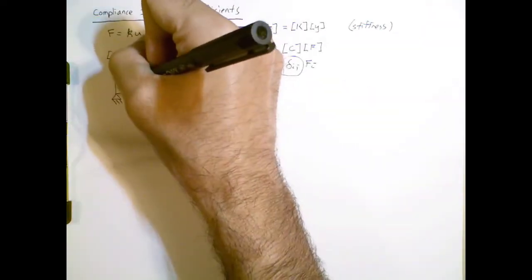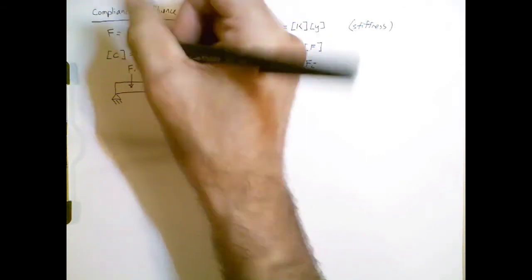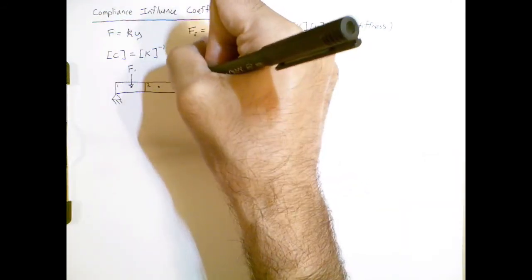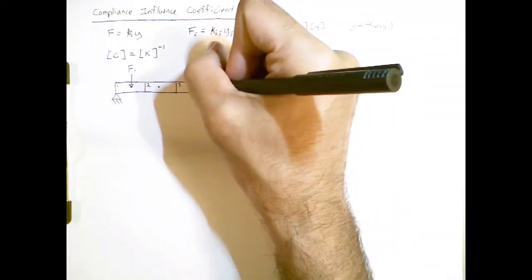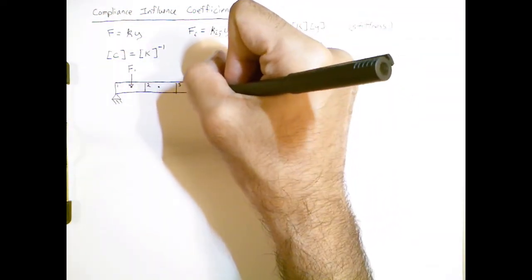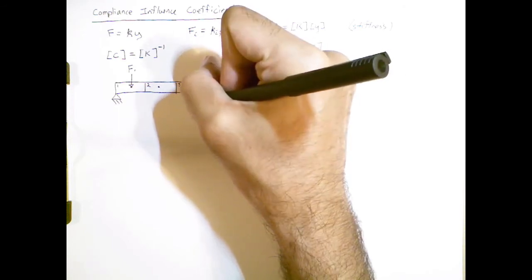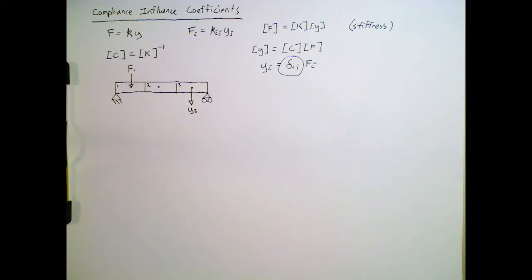Suppose we have a force applied to segment 1. So if I label these segments 1, 2, and 3, and I'm interested in, well, what effect will that force on segment 1 have on segment 3's deflection, or y_3?